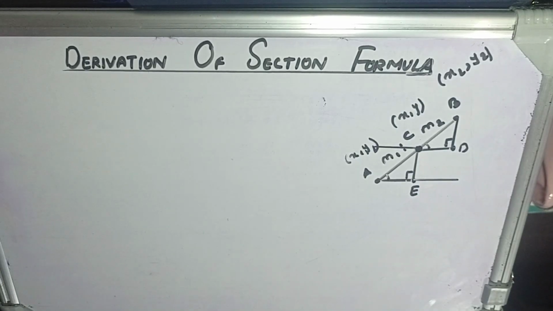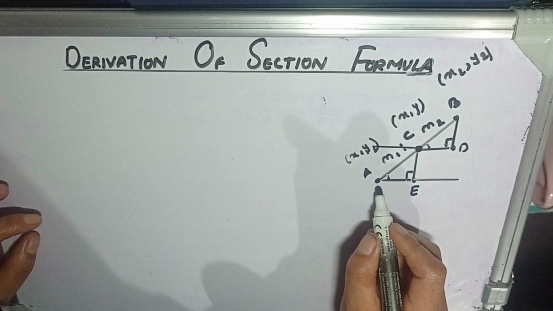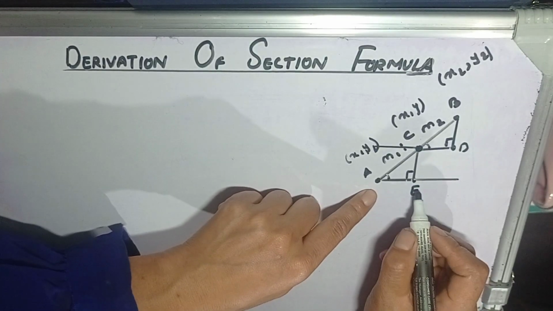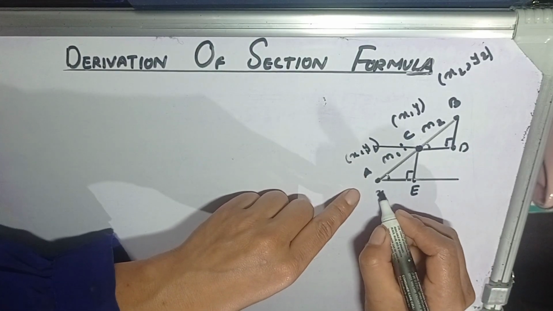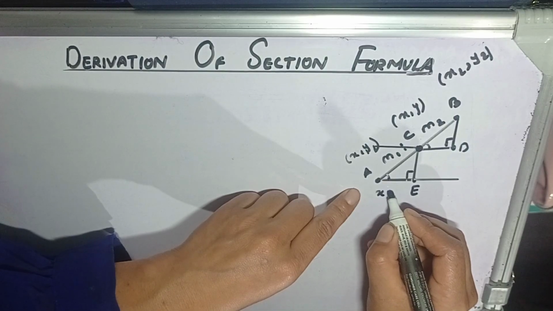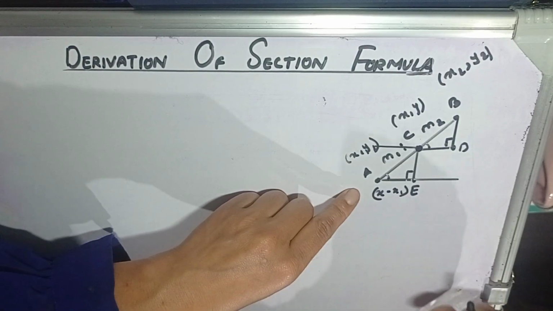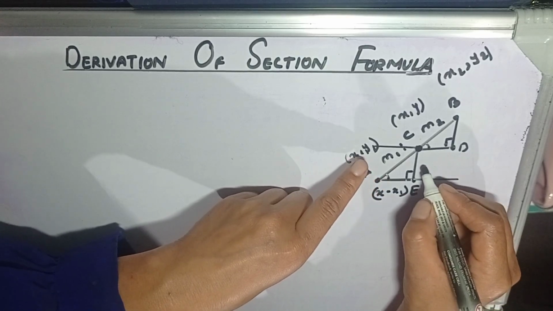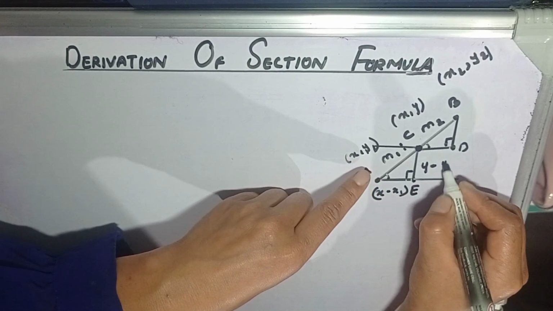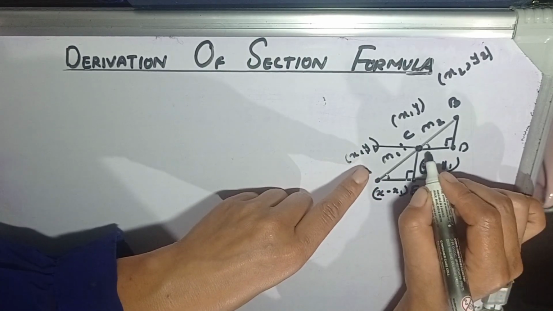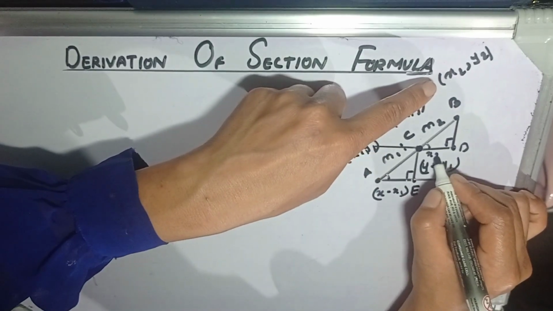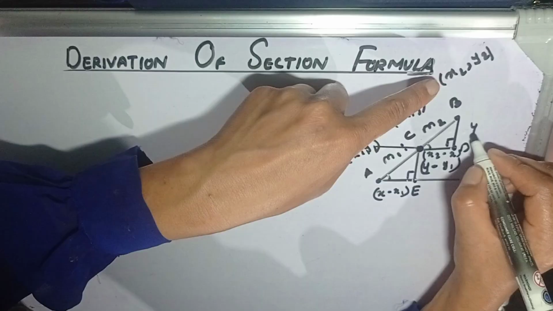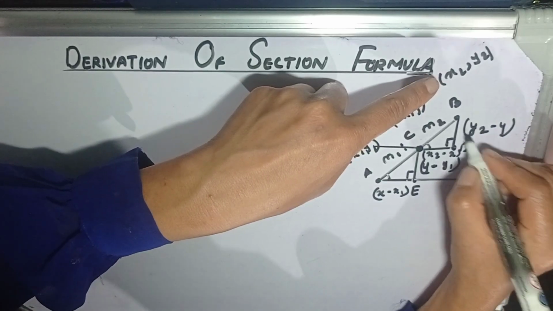Now we'll find the distance from A to E. Now the distance A to E will be x minus x1, and this is y minus y1. Again here x2 minus x, y2 minus y.